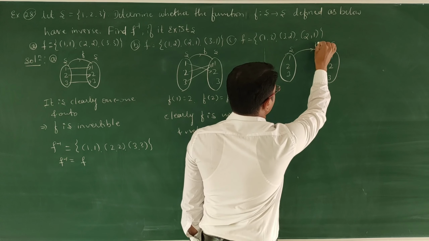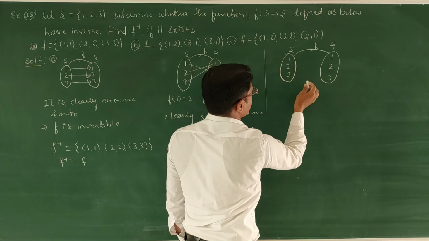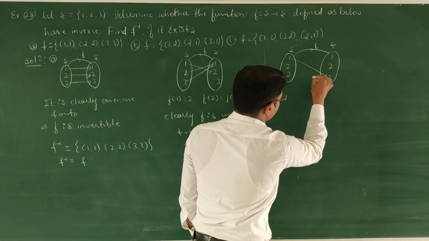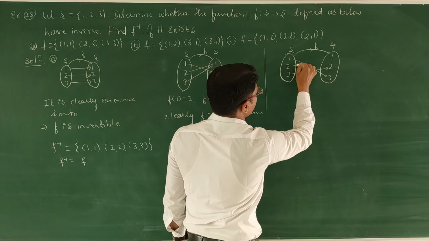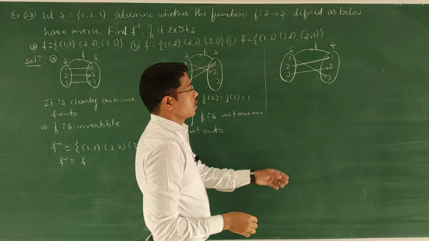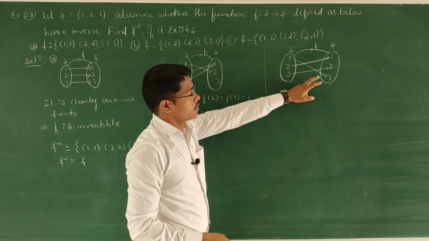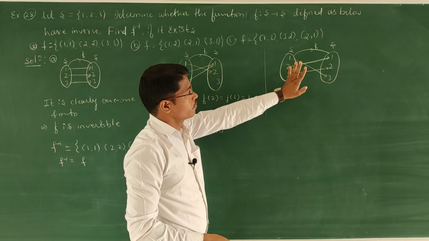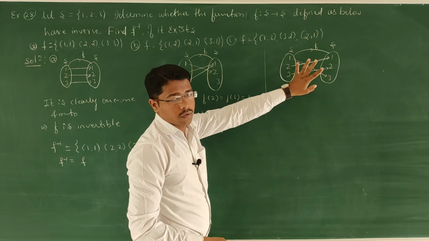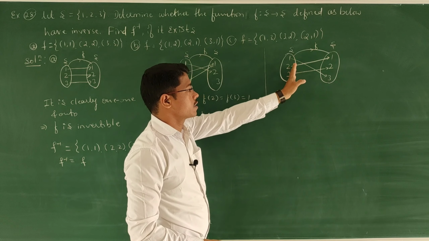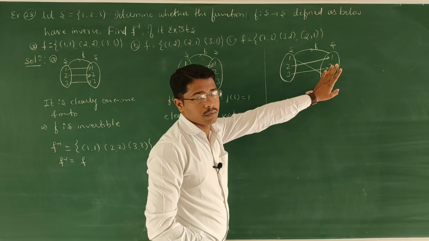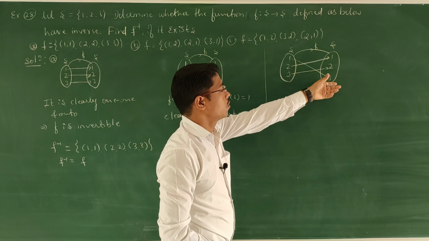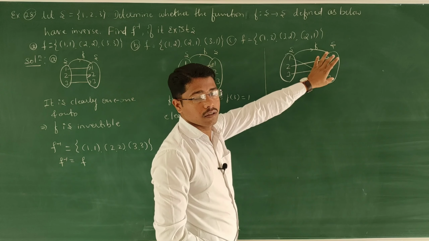This is f: 1 to 3, 3 to 2, 2 to 1. So clearly from this picture we have seen that the function is one-one and onto. All distinct elements of the domain are mapped to different elements of the codomain, and no element in the codomain is left.